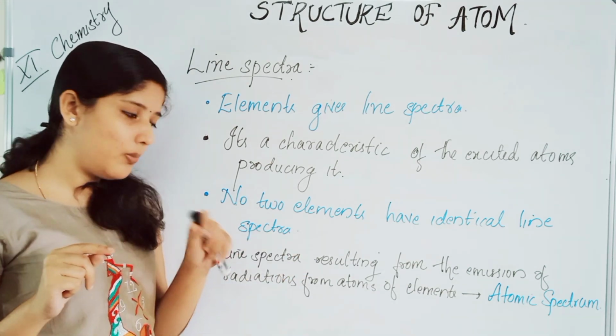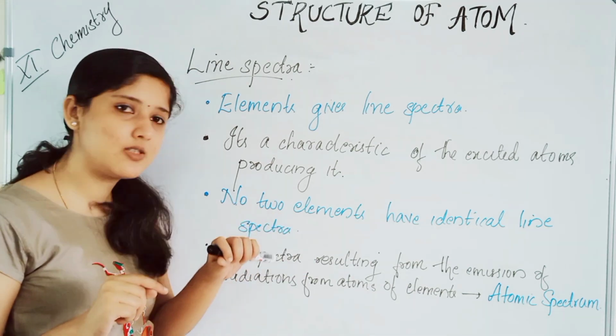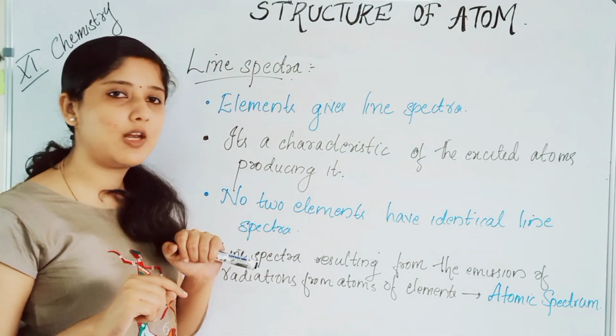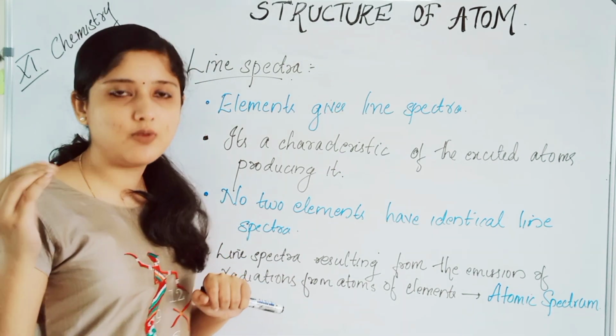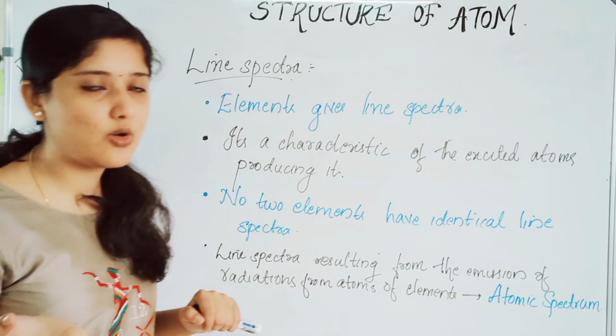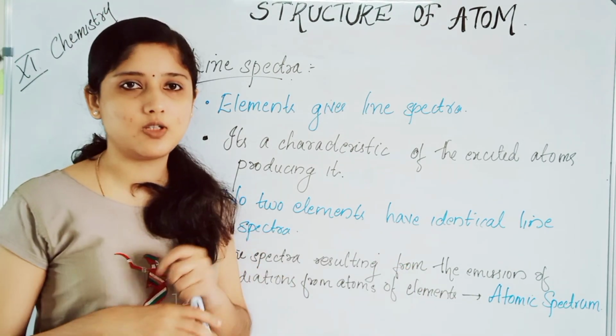Next point is an important point. The line spectra that result from the emission of radiations from atoms of elements, the line spectra that we obtain from the emission of radiations from the atoms, is called what? Atomic spectrum.